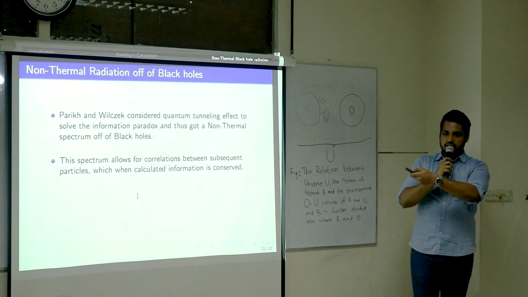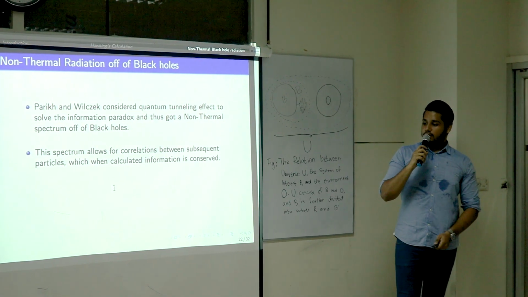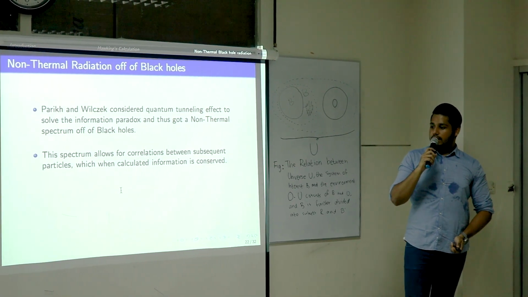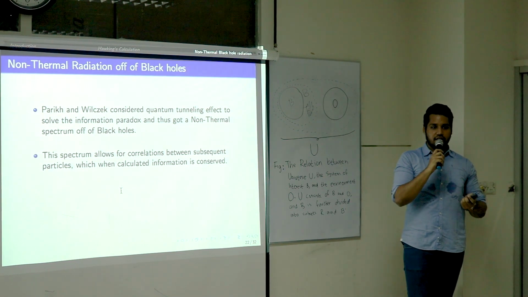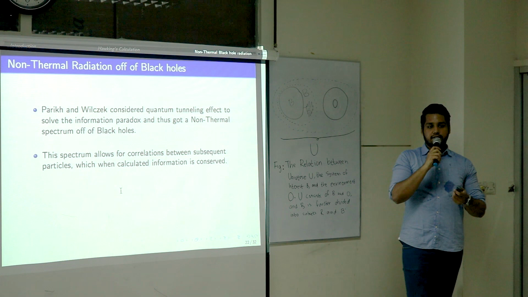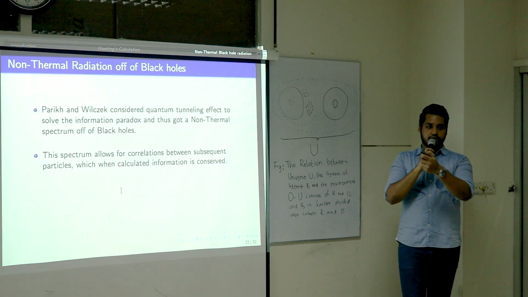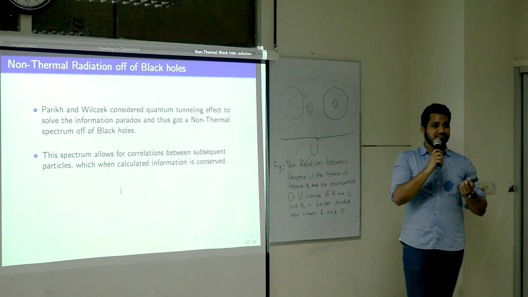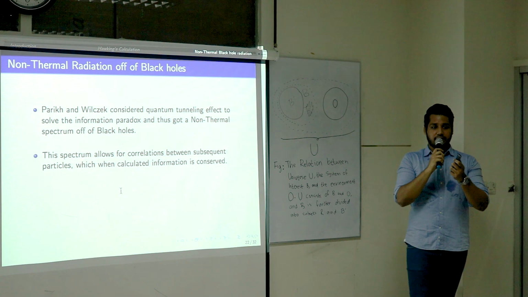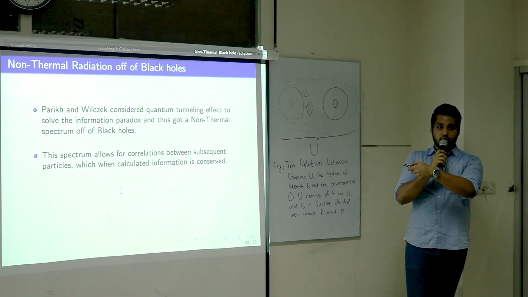Here it basically starts instantaneously. But the calculation for the thermal spectrum was an approximation where the energy of the particles that have been radiated away is so high that it dwarfs the non-thermal spectrum, which is why in previous calculations we got the thermal spectrum. But if you consider high energy of the particles that have been produced and gone away, then you start coming across the non-thermal spectrum as well.